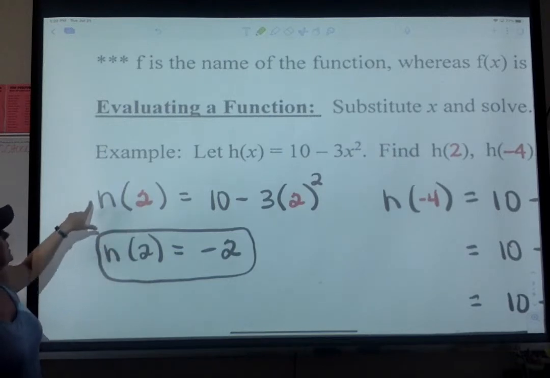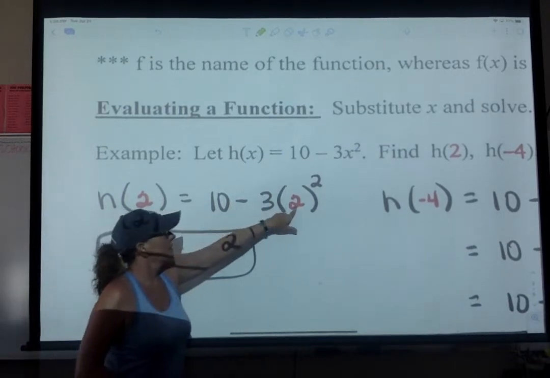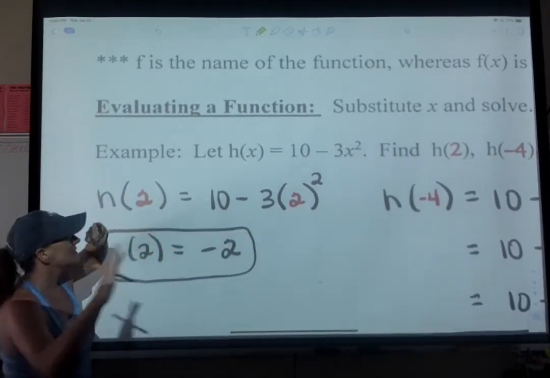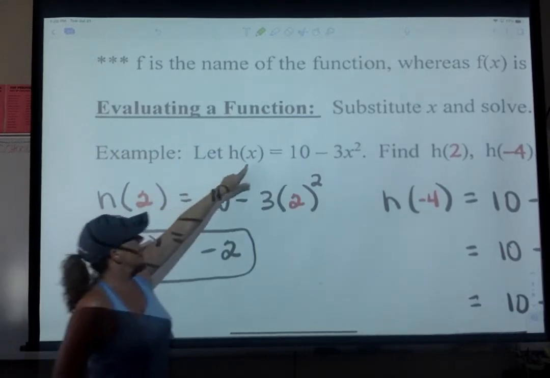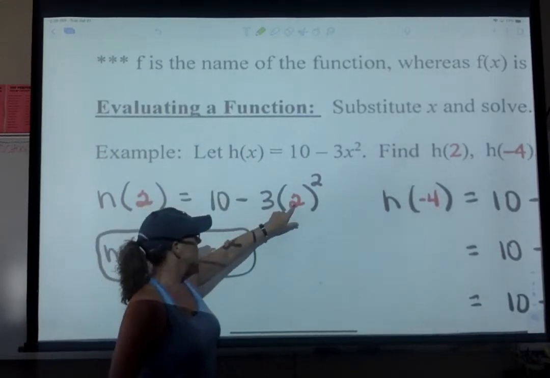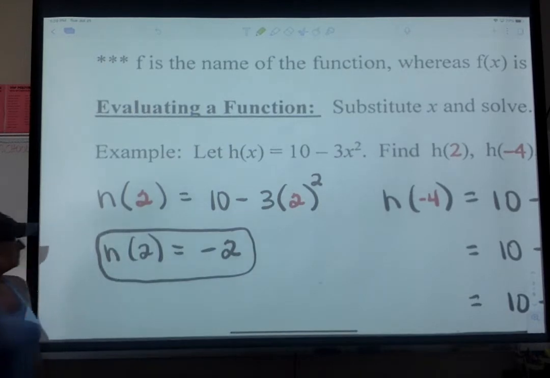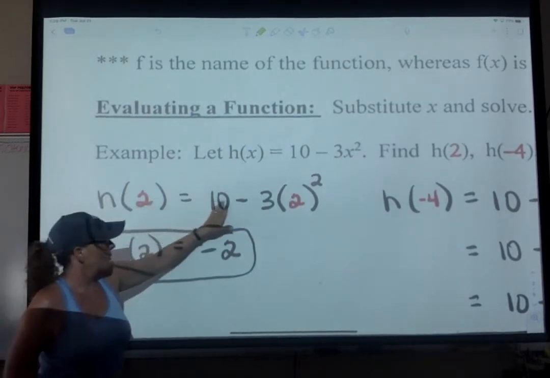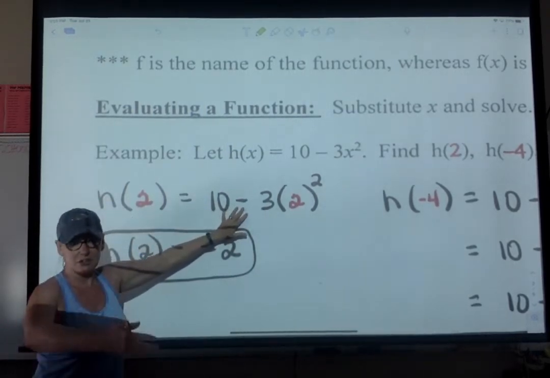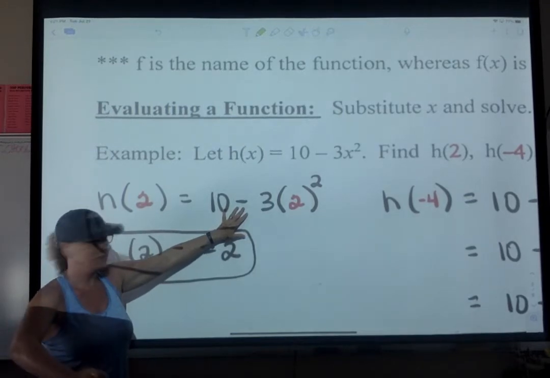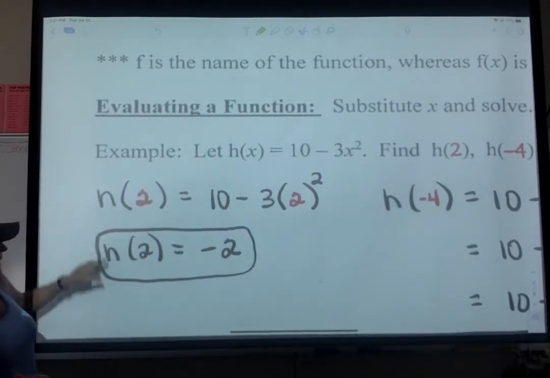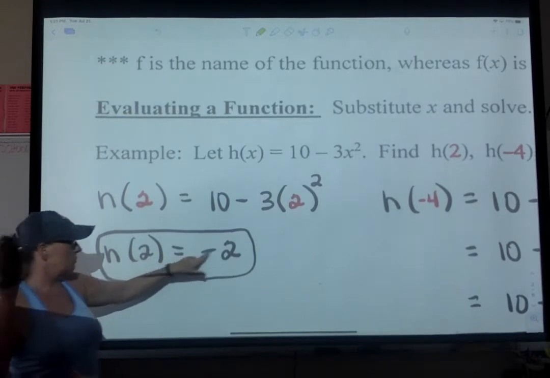So here we go. Notice I copied my function h, except everywhere there was an x, I made it a 2. And then I evaluated the right-hand side. You can either do this in your head or on your calculator. It's fine. Notice how I write my answer. H of 2 is equal to negative 2.